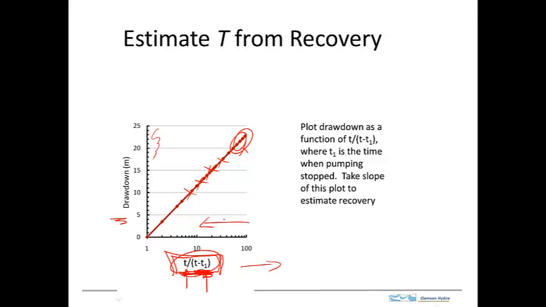The procedure, though, is to just calculate what this is, plot the data up, fit the line to it, get the slope, and then the slope is going to be equal to this guy here. And so you know what Q is, and you can use it then to solve for T. So the recovery data gives you another opportunity to solve for the transmissivity.